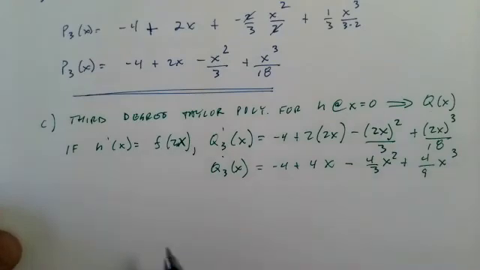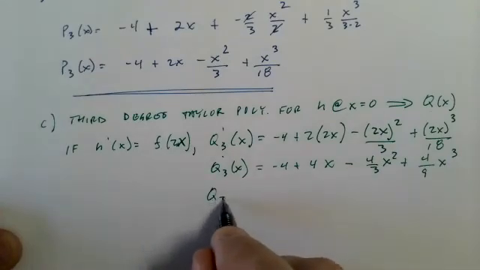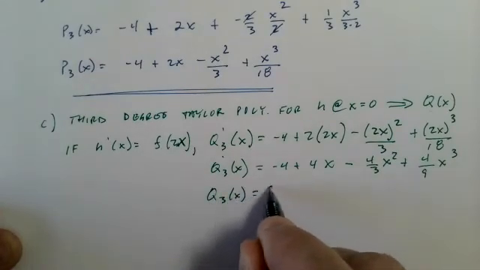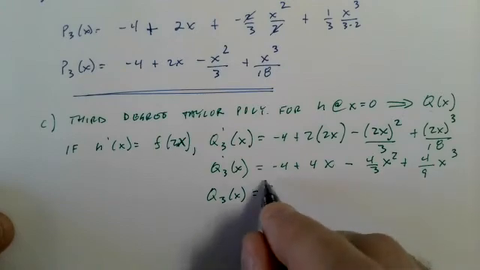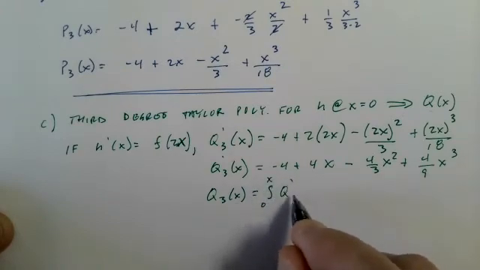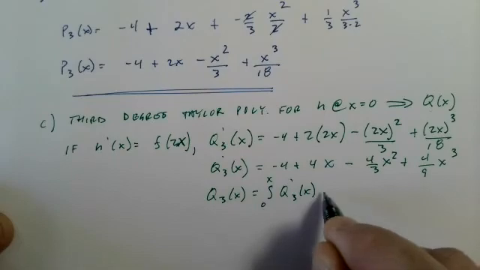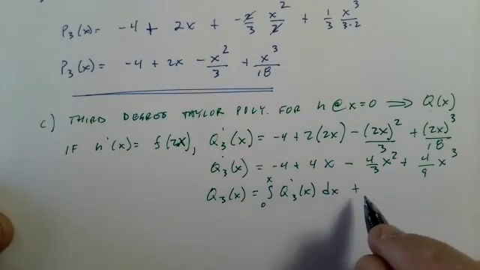So Q3 of x equals the integral from 0 to x of Q prime 3 of x dx plus 7.